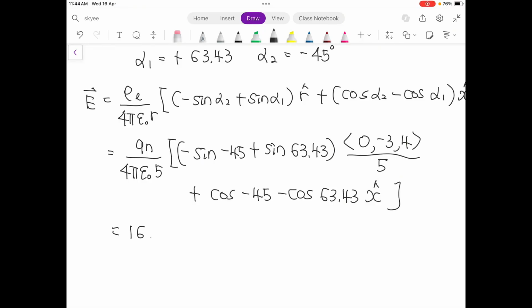So this is 16.18, and the negative sign.